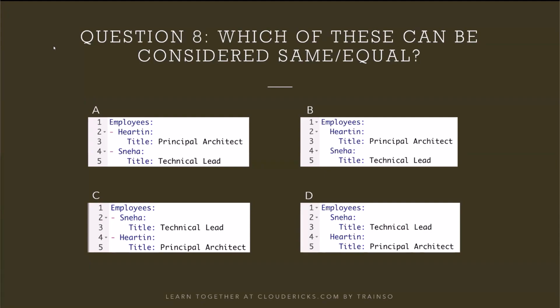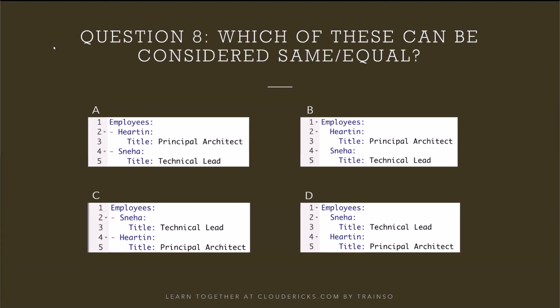Even if this Hartin, Sneha and all are represented by arrays, the hash map or the hashing function will not go through one by one from array index 0, 1, 2, 3, etc. Instead, it will pass Hartin to a hash function, and that hash function will return the exact location of Hartin. So here, ordering does not matter.